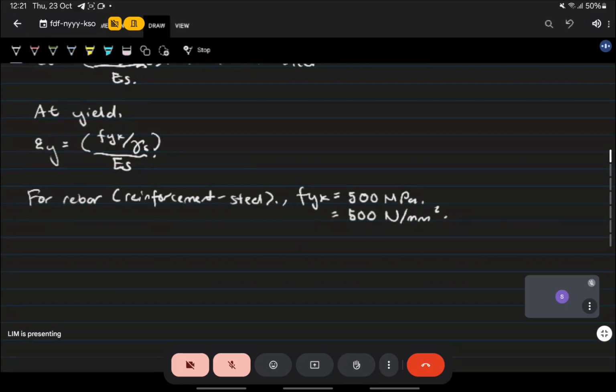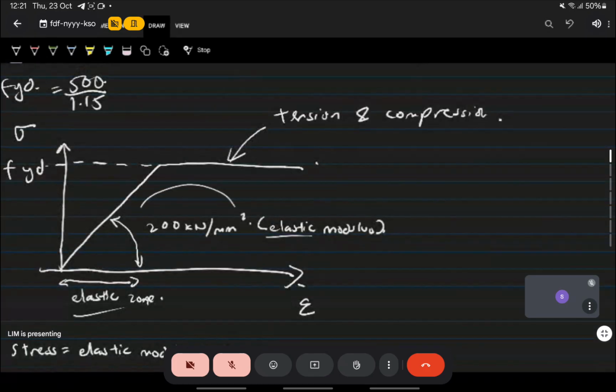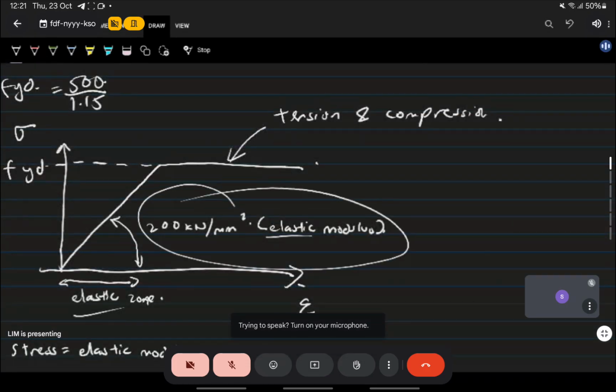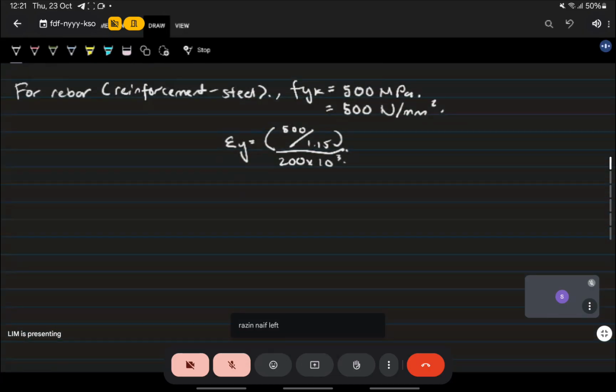We are interested in the yield strain. So yield strain is basically fyd divided by the elastic modulus, the 200 kilonewton per mm square. So you get the yield strain as 0.00217.